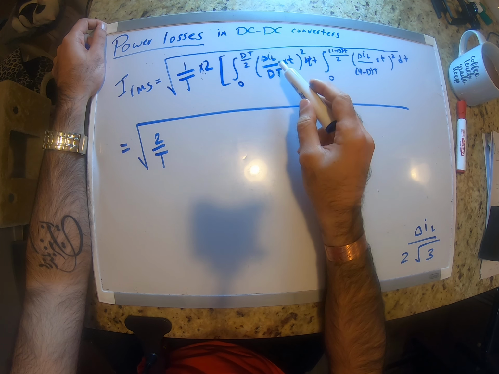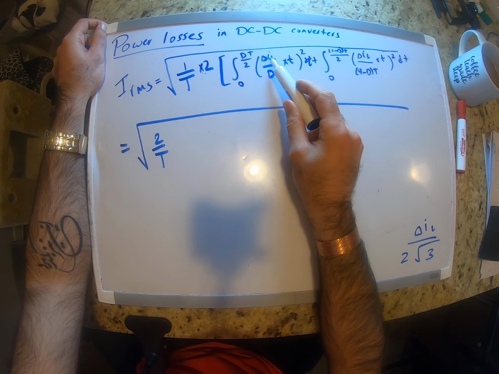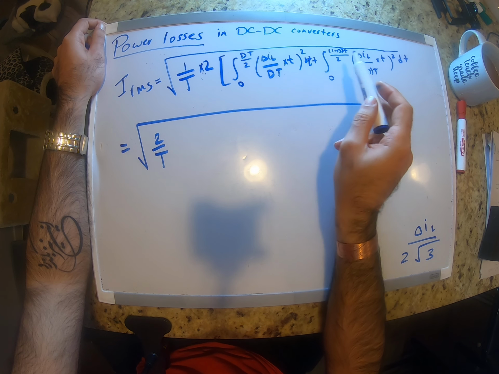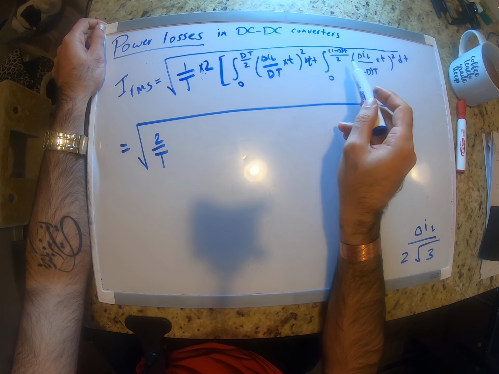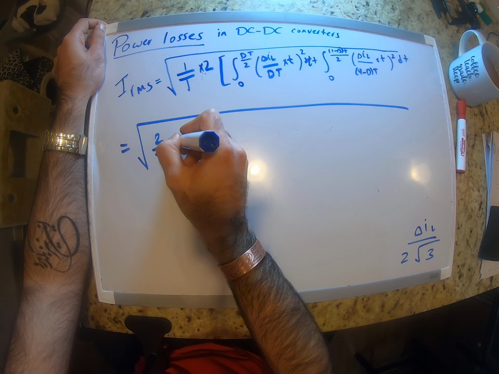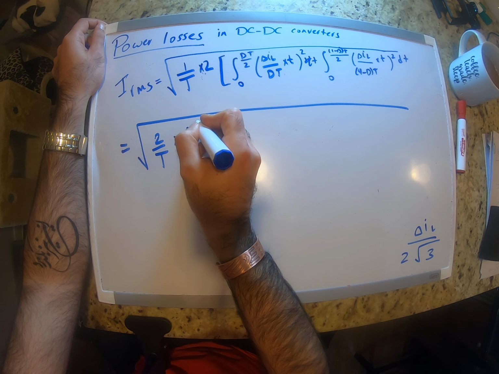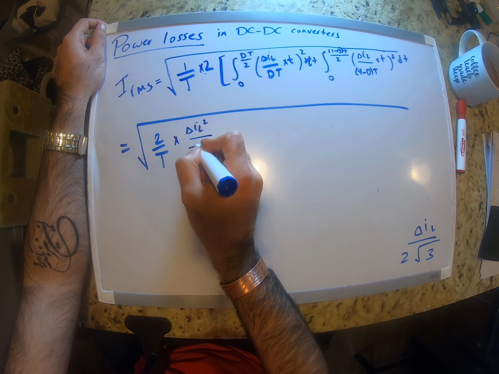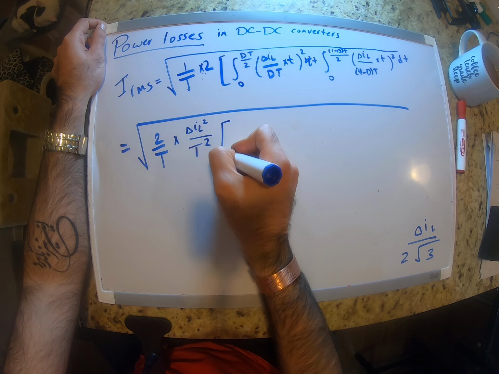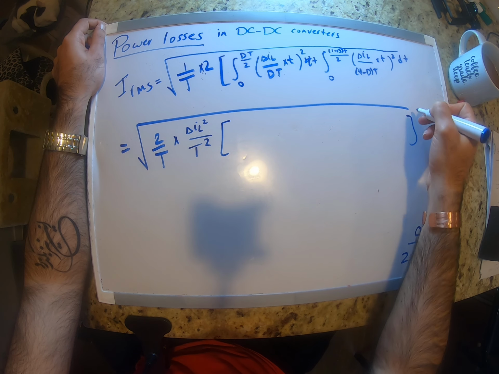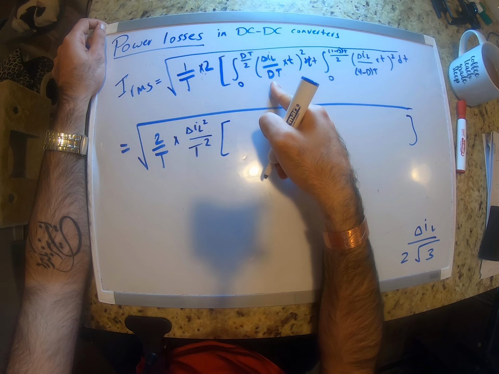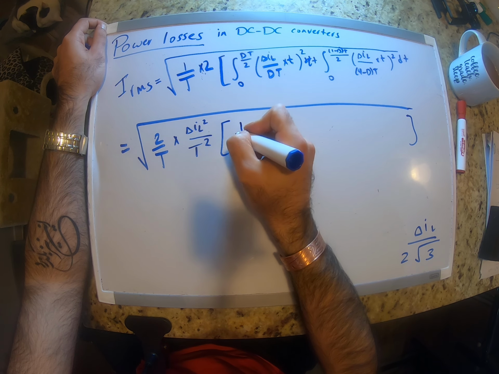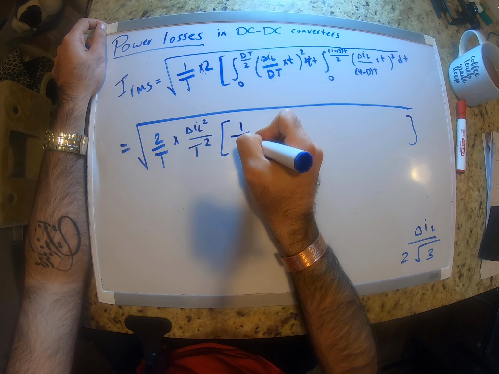You can see that we have a constant delta IL and a constant t in both of these. So I can take this one out times delta IL squared divided by t squared. And for this one, d is also constant, so I can take it out. It's going to be 1 over d squared.